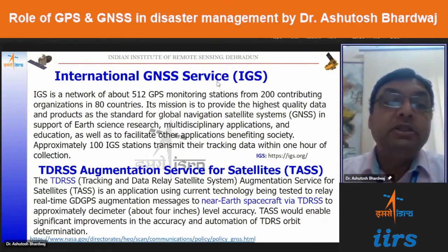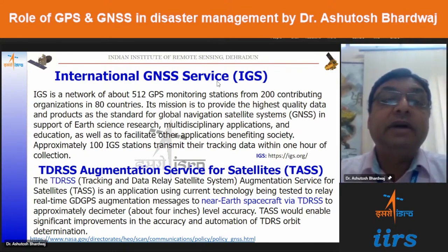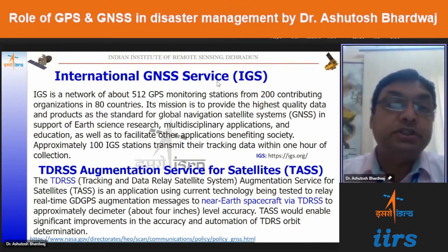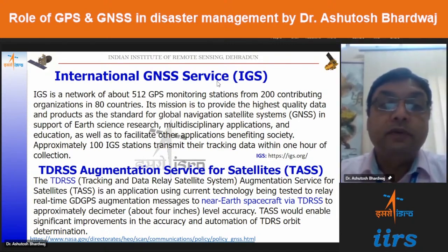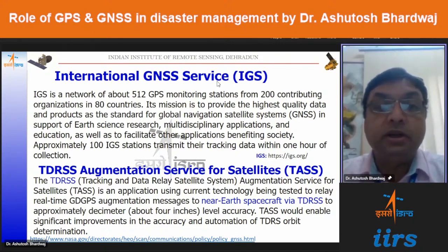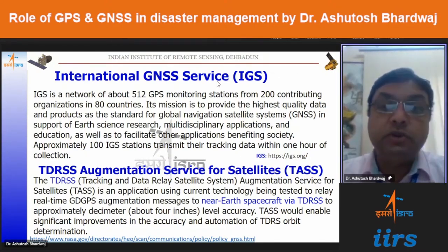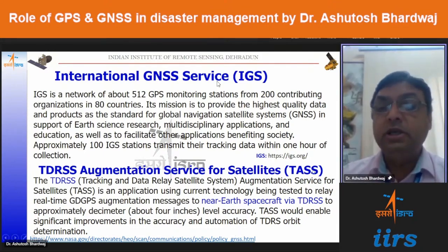Besides the CORS network and GDGPS, we have IGS stations also. About 512 IGS stations are operational across the world with the help of about 200 contributing organizations. As part of ISRO, we are also contributing stations to this. You can see it at igs.org.